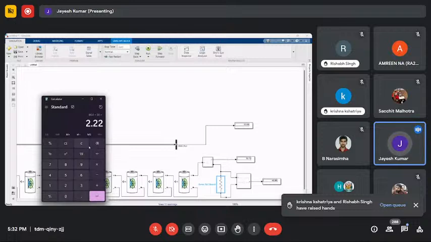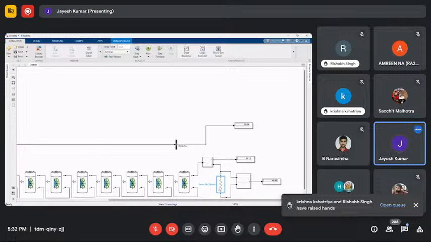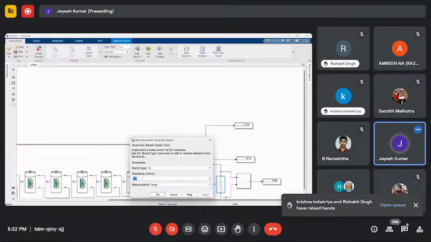So the maximum output for this load should be 2.2 ohms. So I have to set the resistance value of 2.2 ohm. I had set it nearly 2.5 only, so I'm getting a correct answer. I connect 2.2 ohms. Okay.